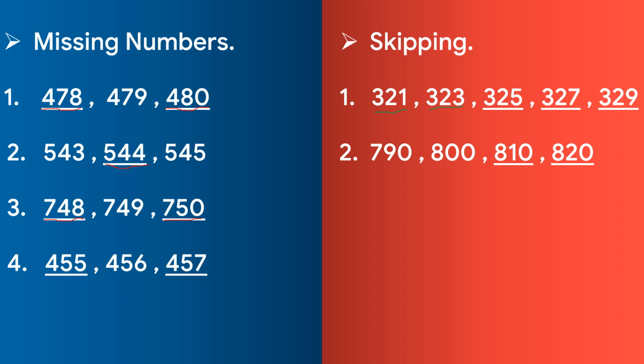And by how many digits? By 2. So you just add 2 in the ones place. So 3 plus 2 is 5, and the first two digits you put as they are. So the next number is 325.